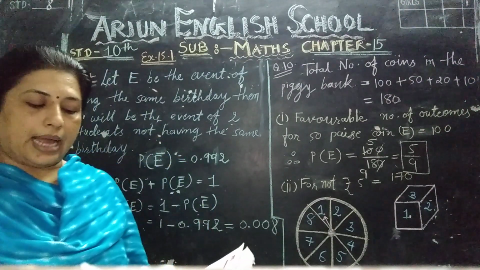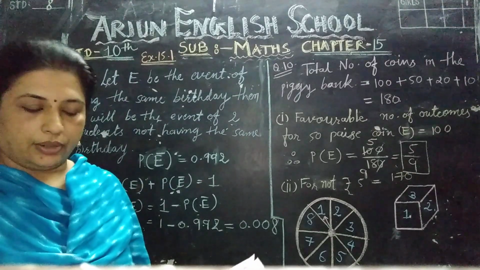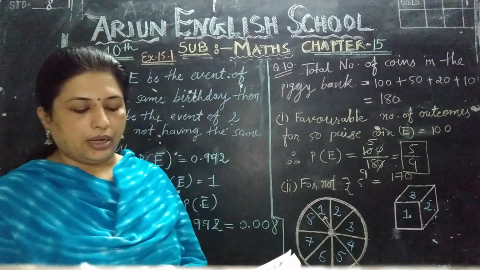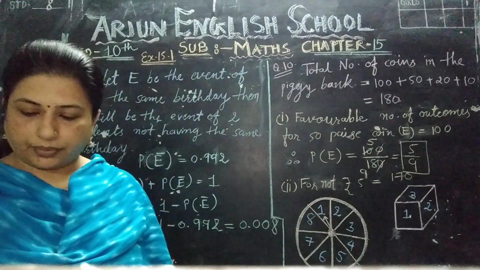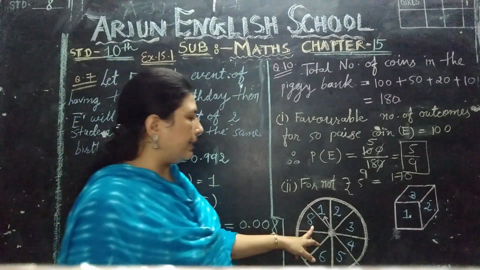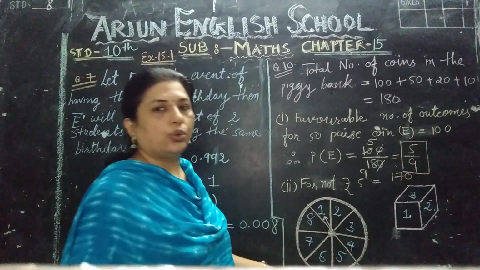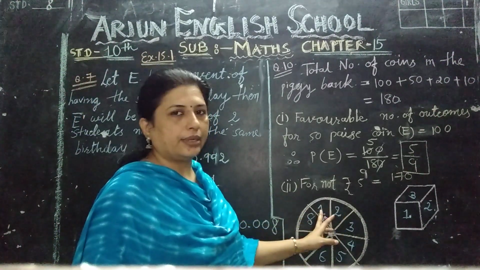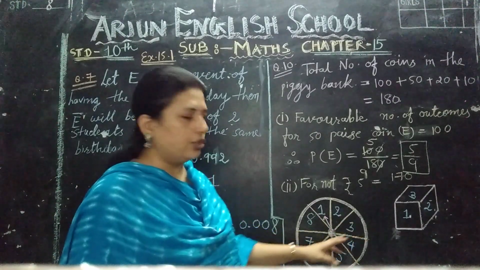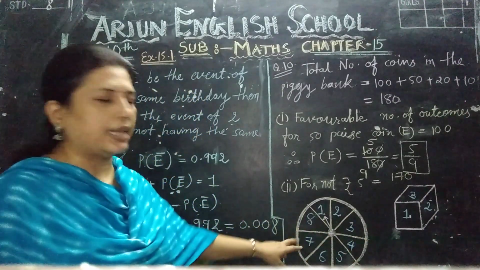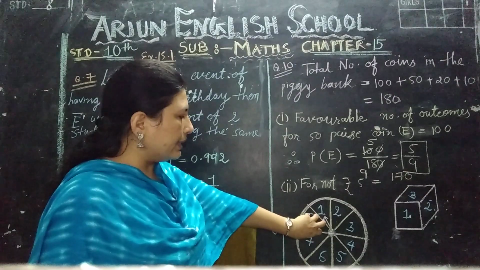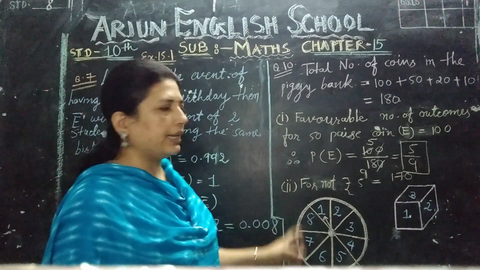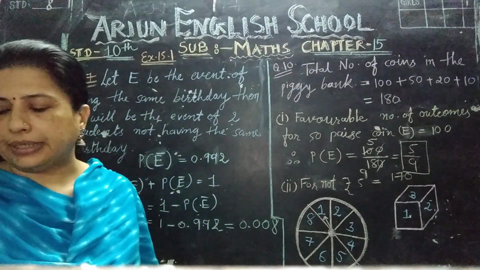These are equally likely outcomes. What is the probability that it will point at 8? Now here total outcomes are 8. And the number 8 is drawn once only. So 1 upon 8 is its probability.